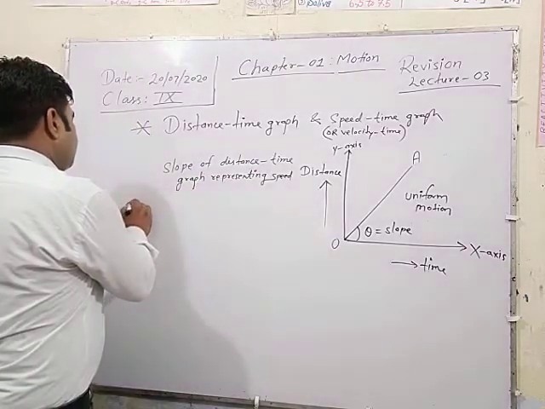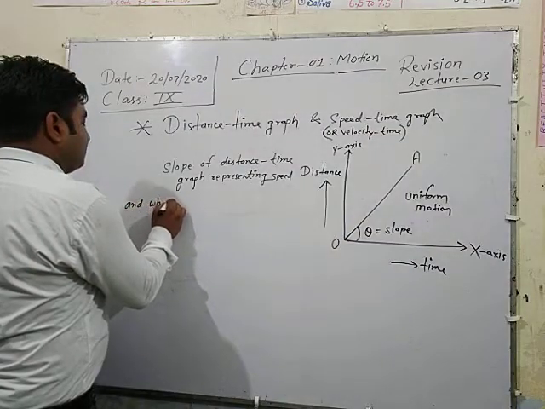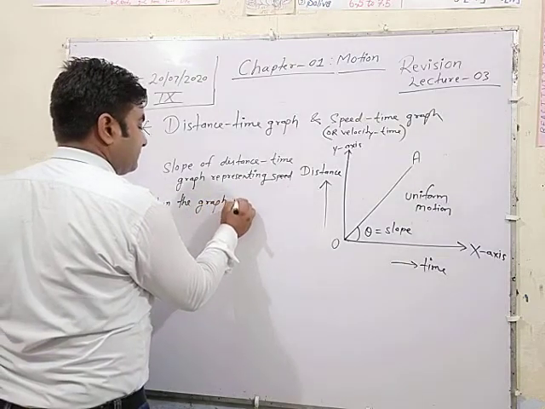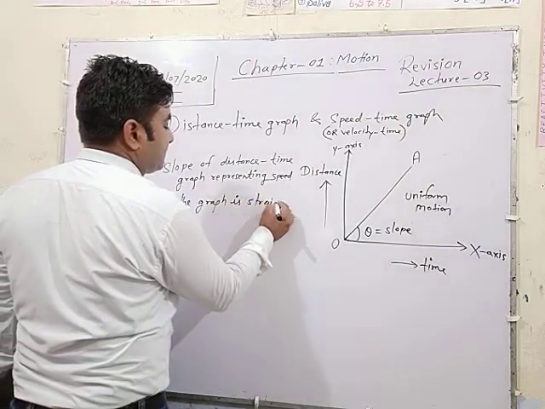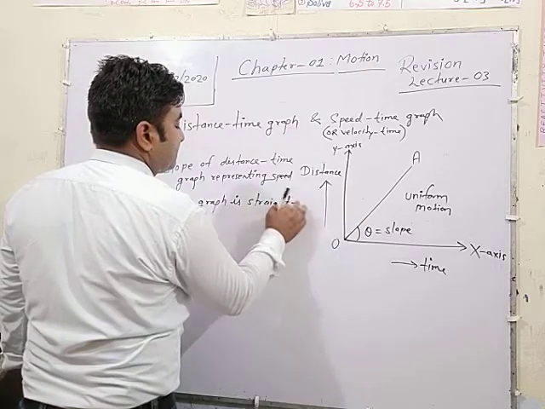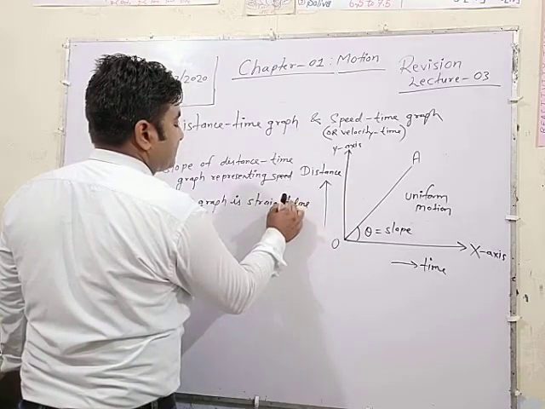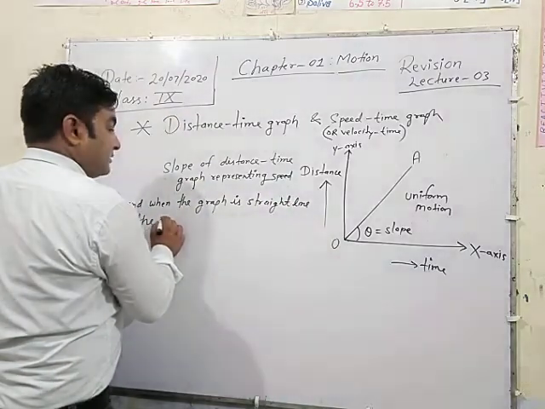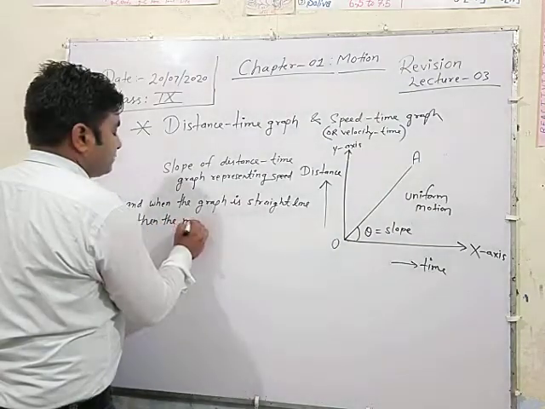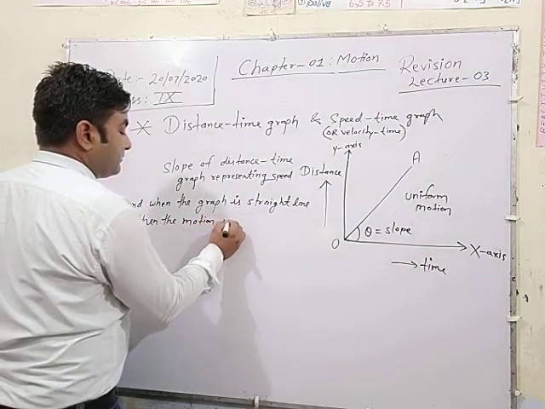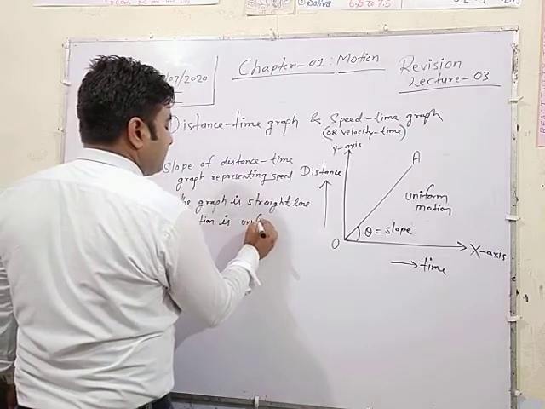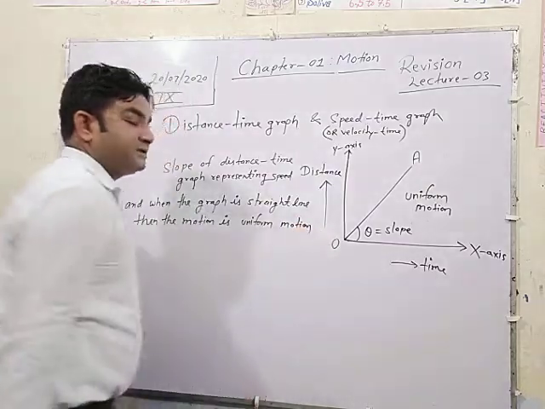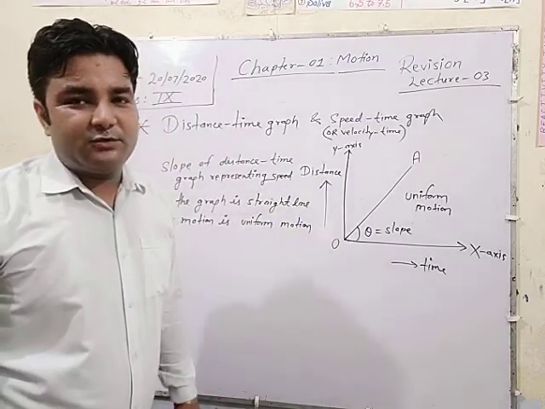And when the graph is a straight line, then the motion is uniform motion. It means when the graph is not a straight line, then the motion is non-uniform.